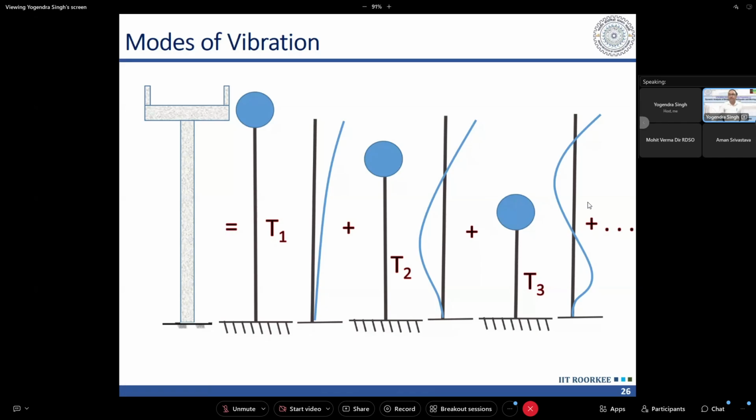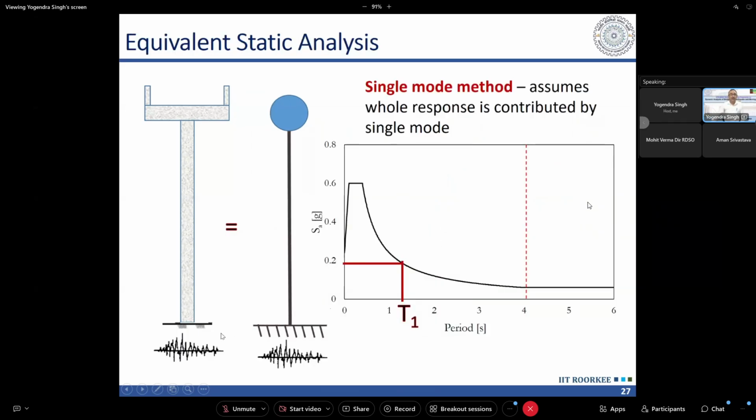So this concept is very commonly used in all our analysis. And another advantage, which we will discuss in the afternoon talk, is that the response of a single degree of freedom system for a ground motion can be read directly from the response spectrum.